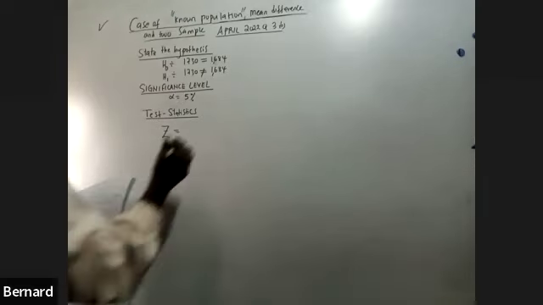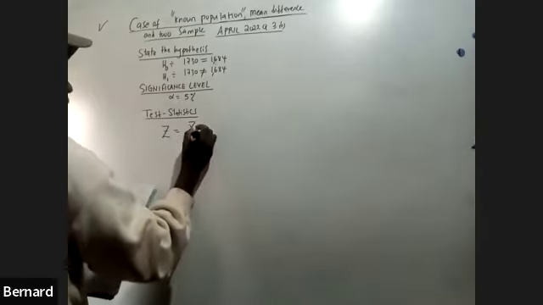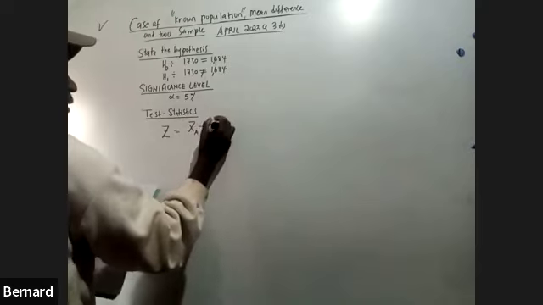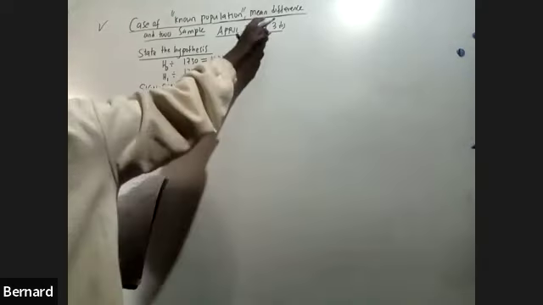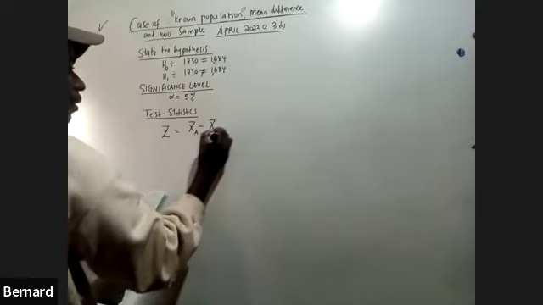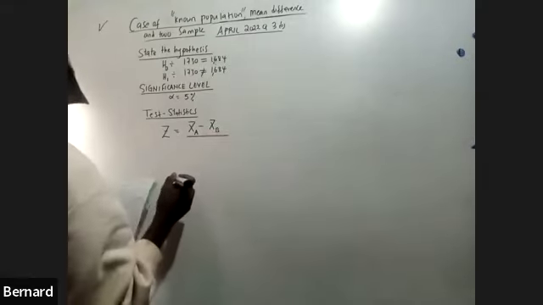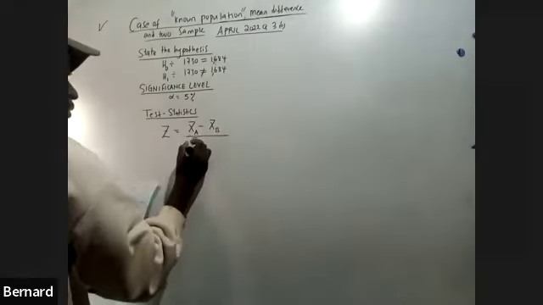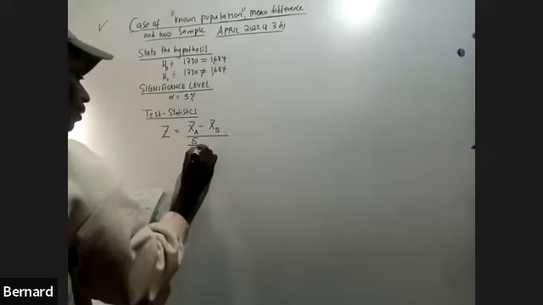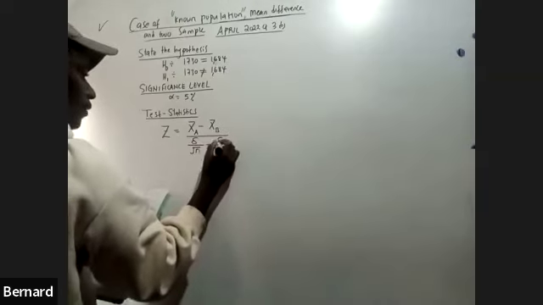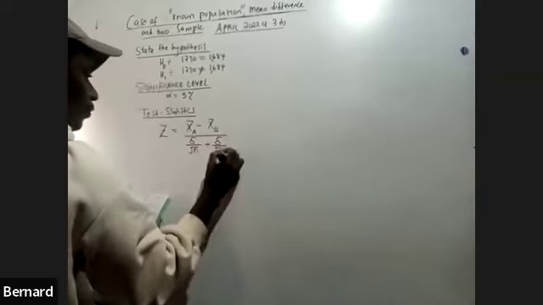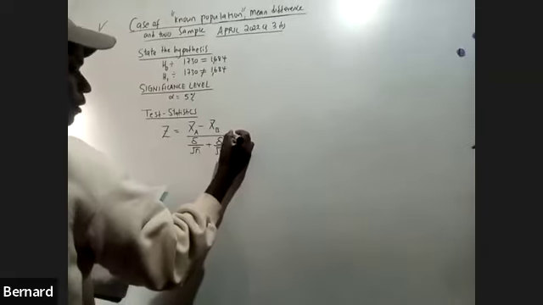So this is the formula. X bar for sample A minus X bar for sample B, the sample difference, we call it mean difference. Then we divide by standard deviation over square root of n plus standard deviation over square root of n.